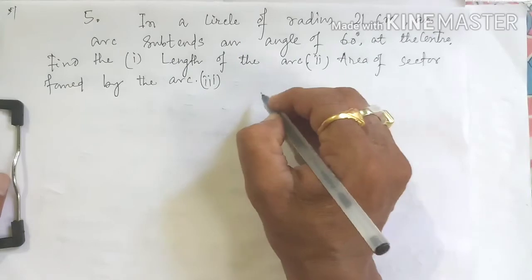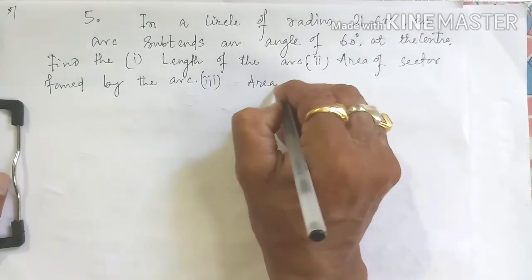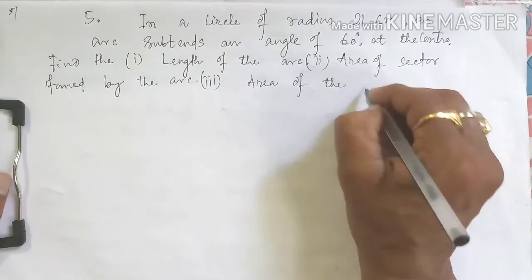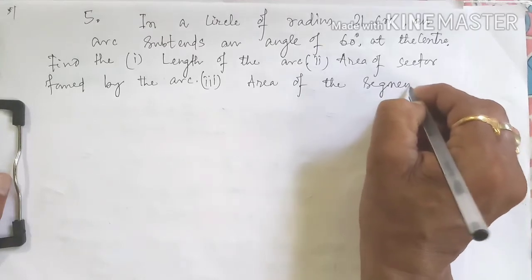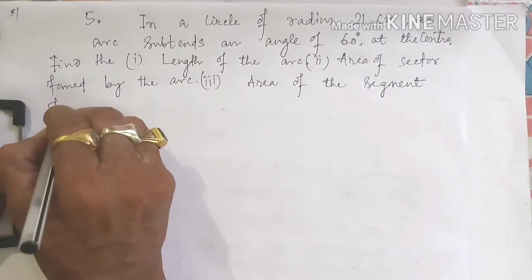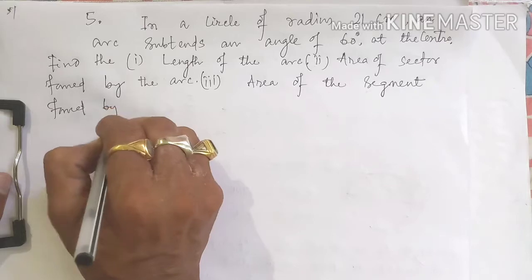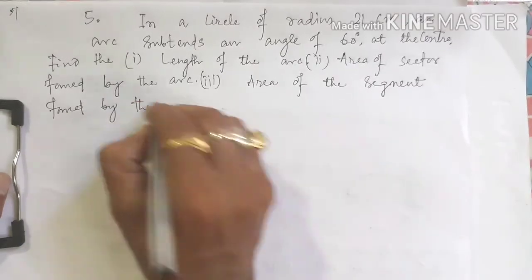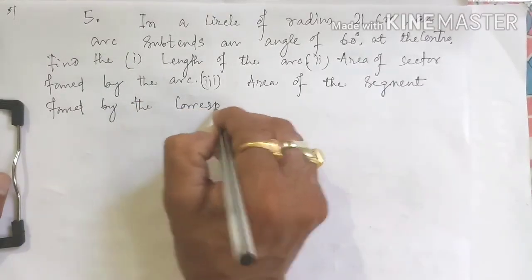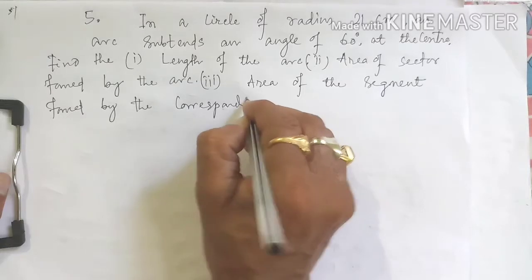Third bit is what: area of the segment formed by the corresponding chord.